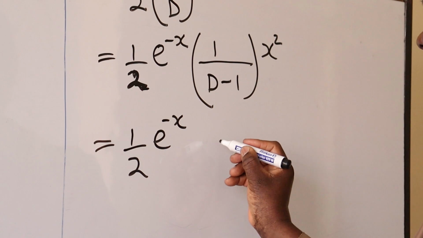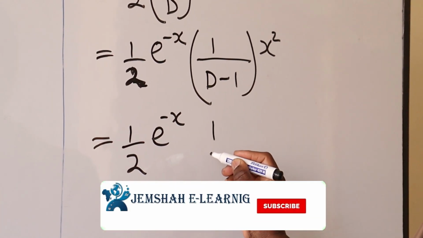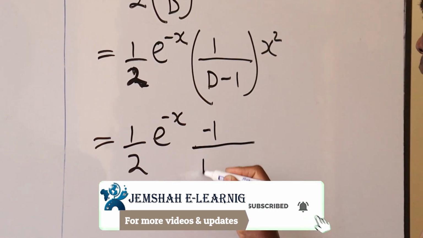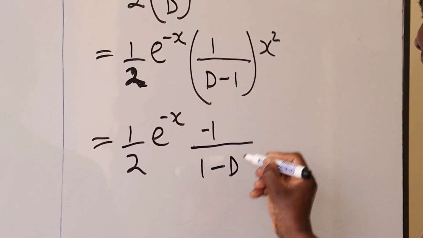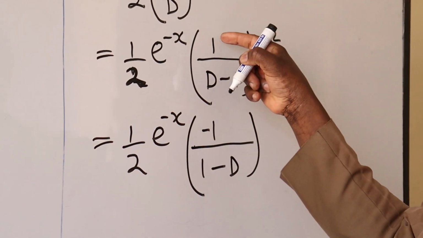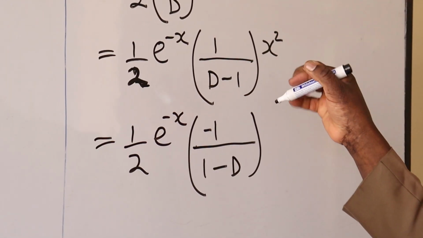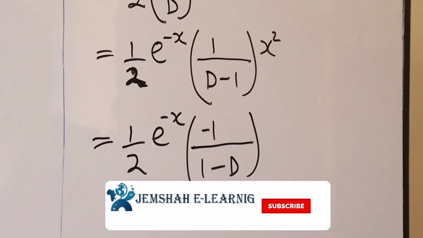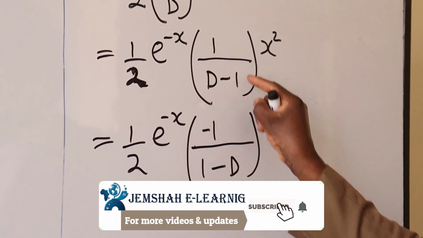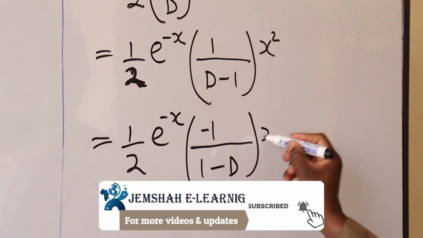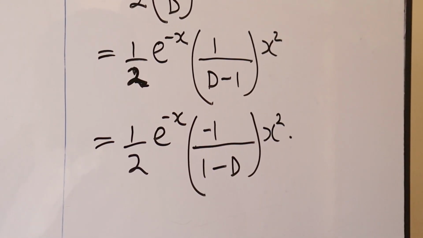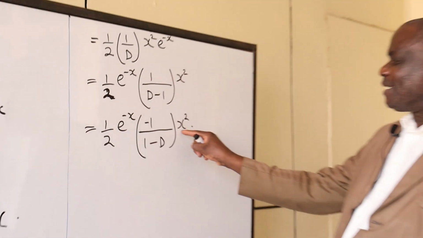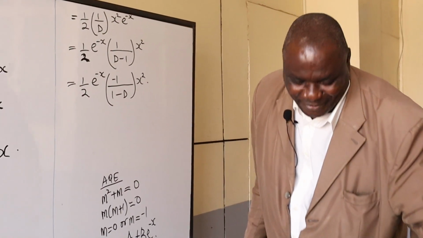This one can be written as negative 1 all over 1 minus D. Multiplying a negative, you multiply numerator and denominator by negative 1. So this is negative 1, this becomes a minus, this becomes a plus. We are doing so that we can apply the binomial theorem, since what is remaining is a pure polynomial.